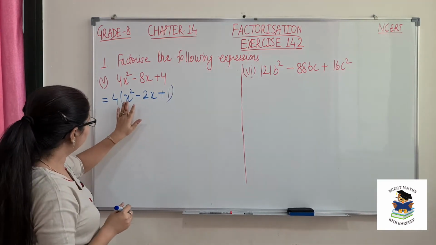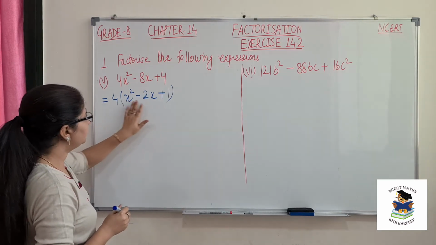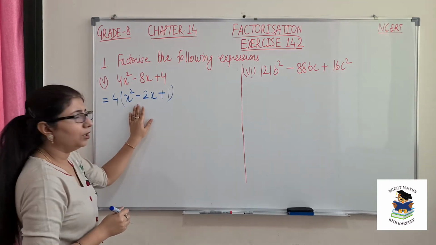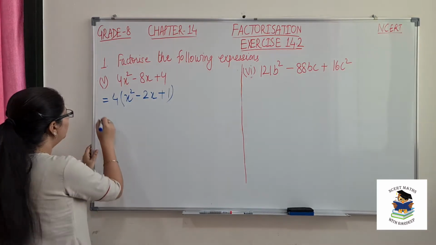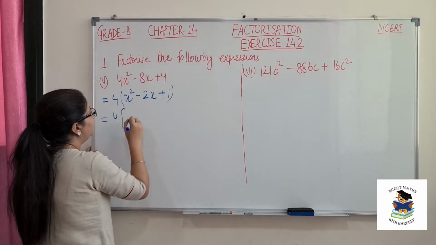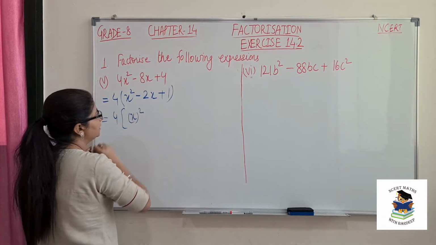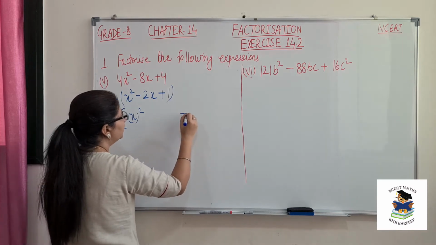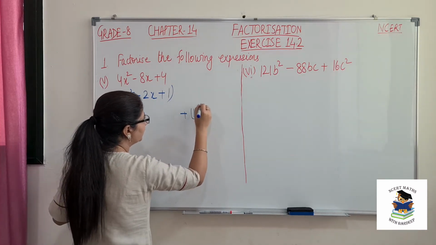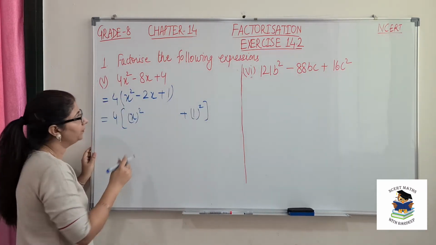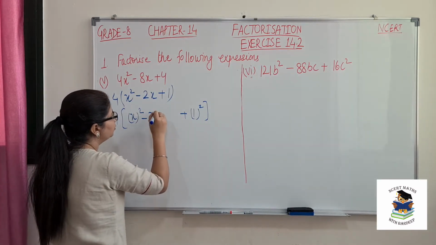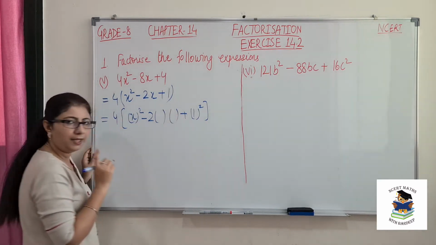So now again I can see this can be solved using identity. How? Let's see. X square can be written as x whole square. 1 square is again 1, and this is minus 2 times AB.